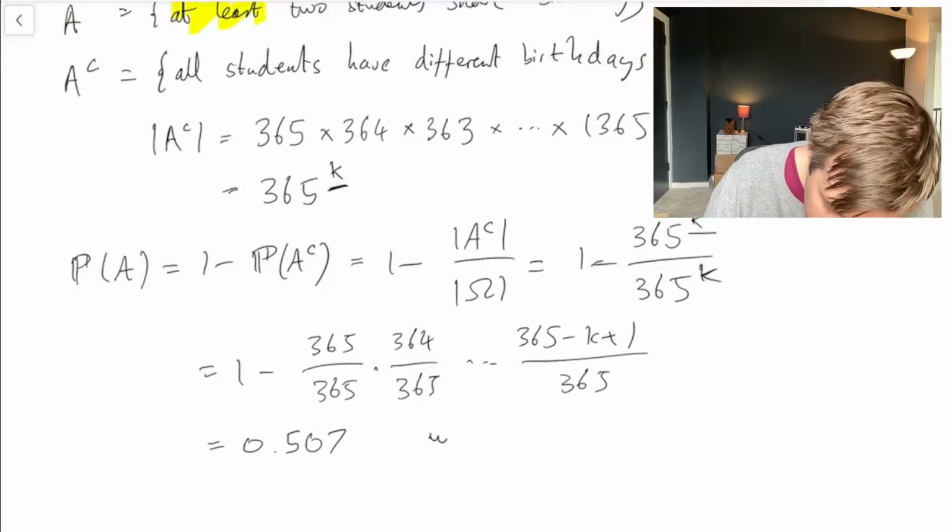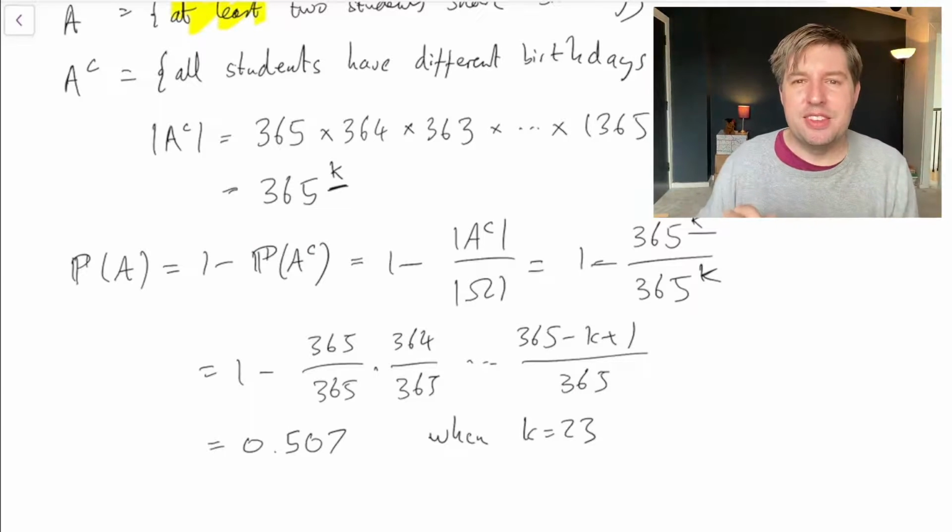Now, I wouldn't be surprised if you've seen that problem before, but if you haven't, it often surprises people that just 23 students can have more than a 50% chance of sharing a birthday. So this is when k equals 23.